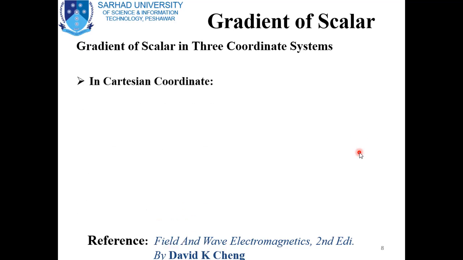So in Cartesian coordinates, u1, u2, u3 can be replaced with x, y, z, and the metric coefficients h1, h2, h3 are all equal to 1, and the gradient of a scalar function V in Cartesian coordinates can be represented by del V, which is equal to a_x del V/del x plus a_y del V/del y plus a_z del V/del z.